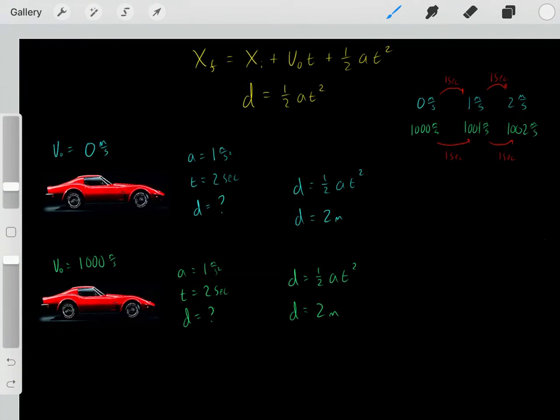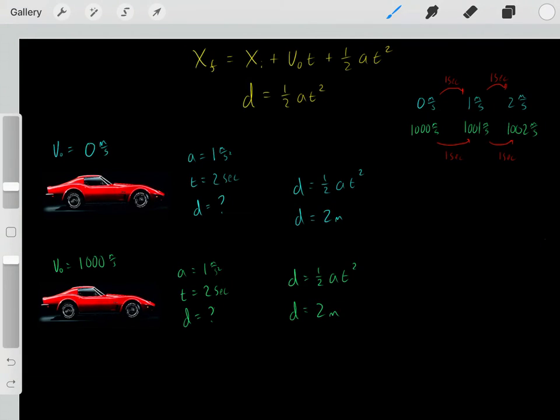Right when we click that stopwatch at the beginning of that 2-second time period, we know it was traveling at 1,000 meters per second. And again, the acceleration was 1 meter per second squared, so every second that went by, the velocity increased by 1 meter per second. One second later it was at 1,001 meters per second. Another second goes by, now it's 1,002 meters per second.